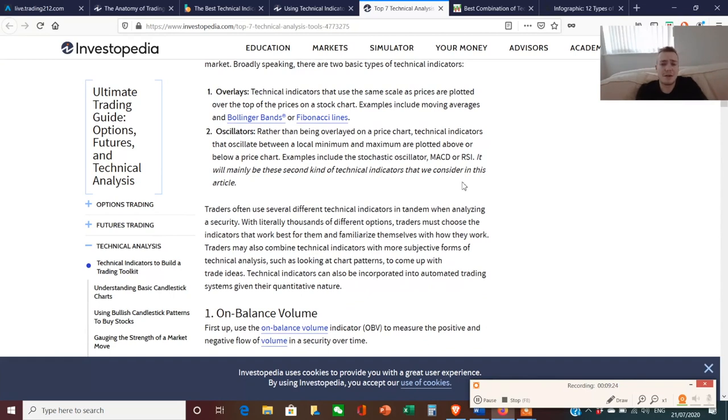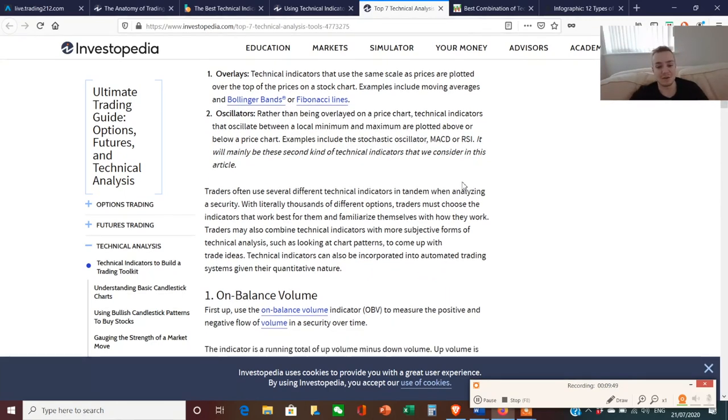Oscillators: rather than being overlaid on a price chart, technical indicators that oscillate between a local minimum and maximum are plotted above or below a price chart. Examples include the stochastic oscillator, MACD, or RSI. It will mainly be these second kind of technical indicators that we consider in this article.